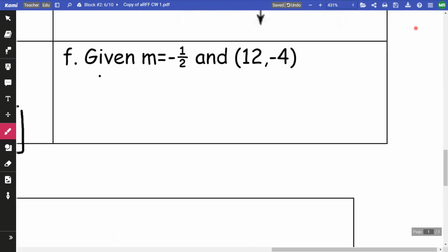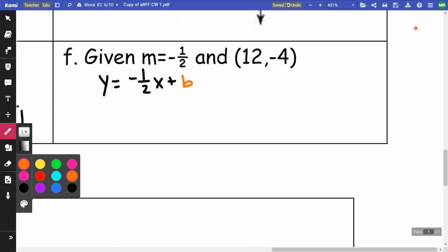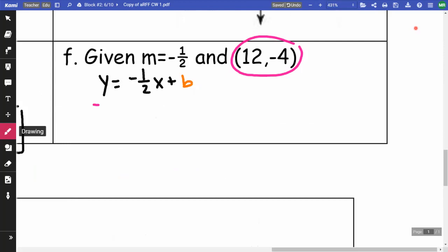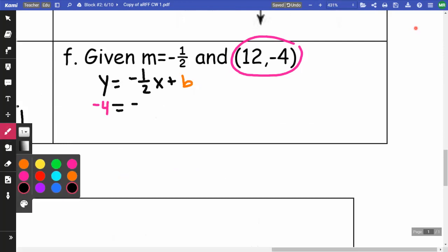Okay, so this one, I know my slope, so I'm going to put that in here. And then again, I need to find my b. So I'll use this point, putting it in for my x and y. So negative 4 is equal to negative 1/2 times 12 plus my b.